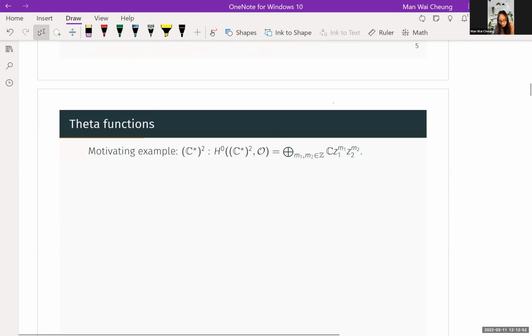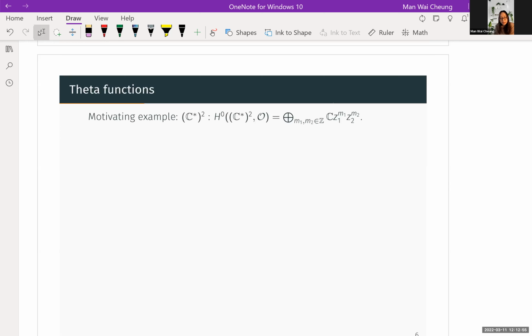So theta function. To motivate why we think about theta functions, again, everything in this talk is just an example. We have a torus, like C star squared. The functions on the 2-dimensional torus are just Laurent polynomials, which can be written as linear combinations of Laurent monomials. And each Laurent monomial can be indexed by a lattice point, right?